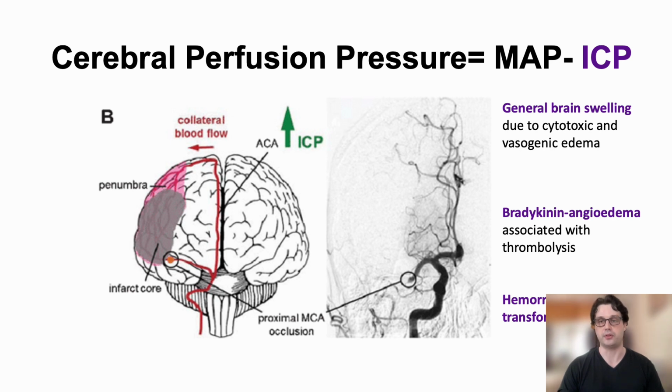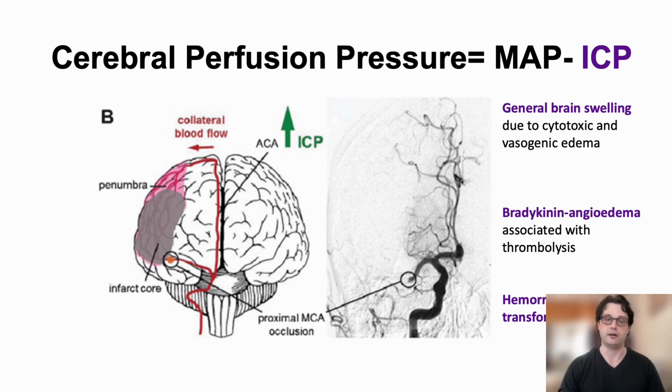swelling, so the intracranial pressure will begin to climb due to a couple of factors. Some of that being general brain swelling, which occurs due to cytotoxic and vasogenic edema. And usually within the 4 hours that we are considering thrombolysis therapy, there is a bradykinin angioedema that is associated with thrombolysis.